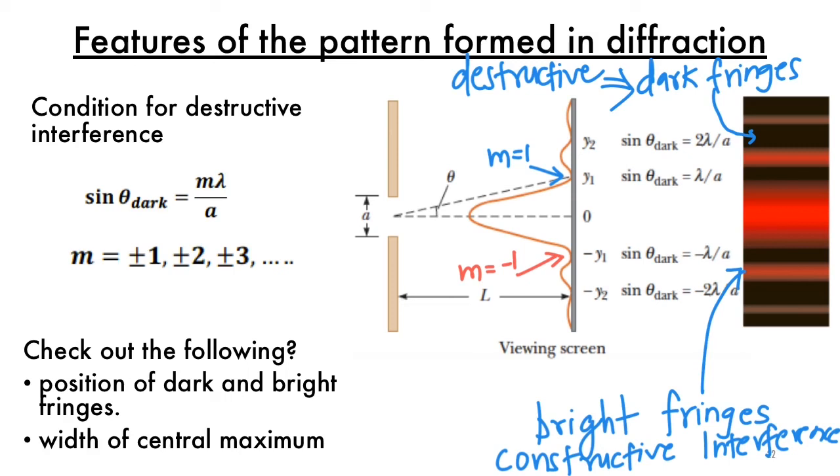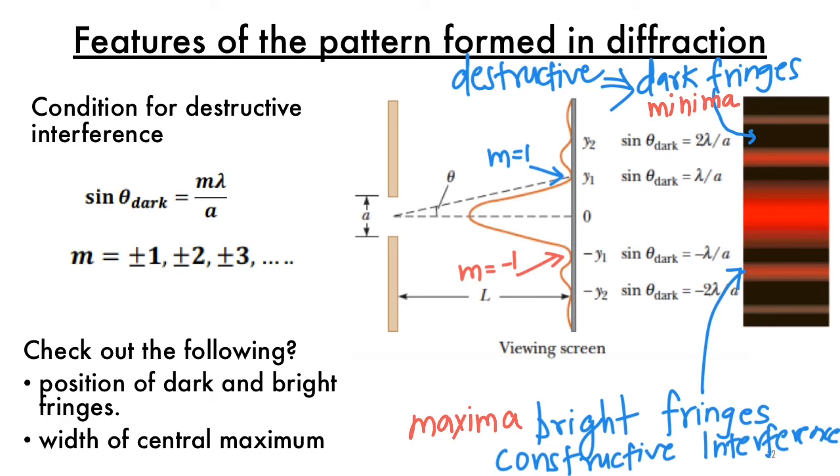We are using the words fringes, maxima, and constructive and destructive interference. Remember, they all indicate the same thing. The fringes are also defined by maxima or minima. If I have a bright fringe, I will call it a maxima or maximum. And if I have dark fringes, I will call them minima.